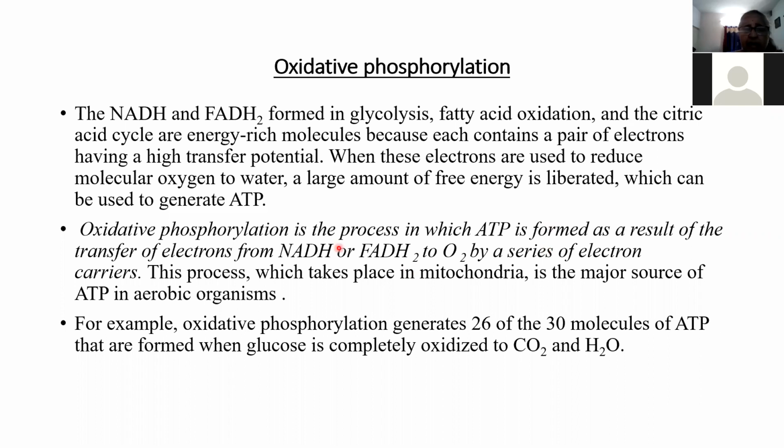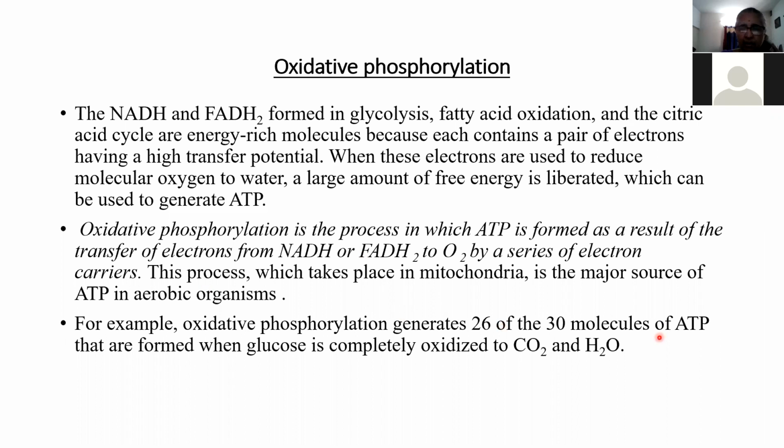What happens when NADH and FADH2 transfer the electrons to oxygen? ATP will be synthesized. So oxidative phosphorylation actually generates 26 ATP molecules.